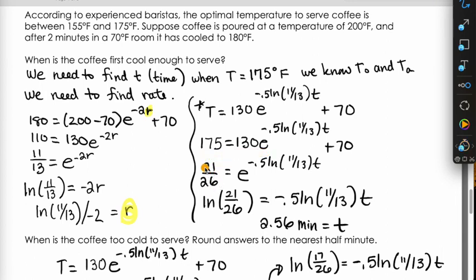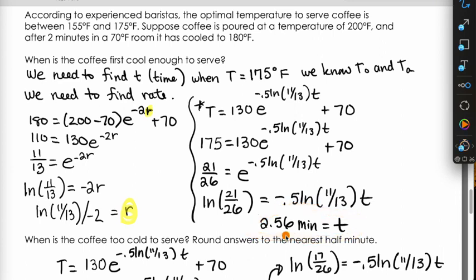When I reduce it, I get 21 over 26 over here. And I get e to the negative 0.5 natural log of 11 over 13 times t. Now I'm going to take the natural log of both sides and then divide by what's left over in front of the t. And what we get is 2.56 minutes.